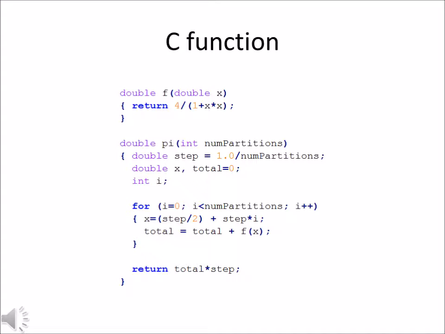So if you look at the inside of the for loop, it figures out that the middle of each partition is step divided by 2 plus step times i. Why step divided by 2? Because that gives us the middle, and step times i gives us which partition it is. So then we add to the total the function at that point of x, the function being 4 divided by 1 plus x squared, just as we saw in the earlier screen.